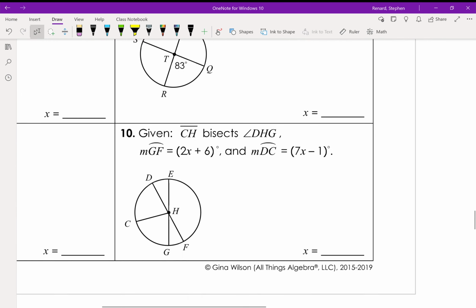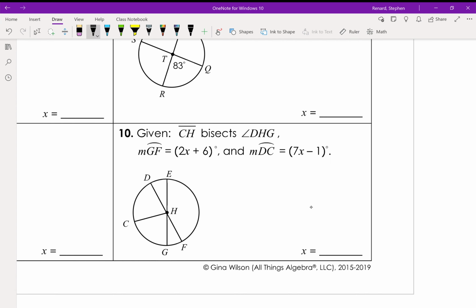Now, as promised, we're going to do number 10. So we're looking for x, right? That's ultimately our goal. So we know that C to H, this chord right here, or this radius right here, bisects DHG. So we know that these two are equal right here.